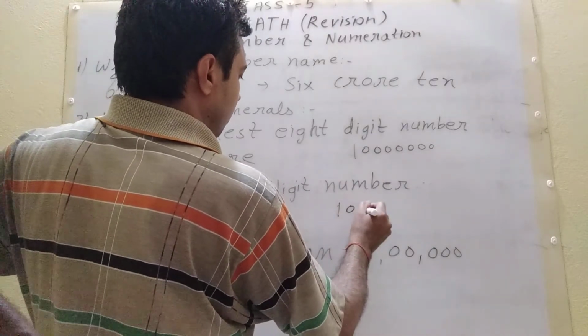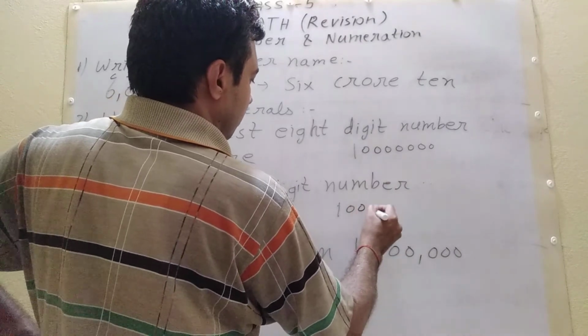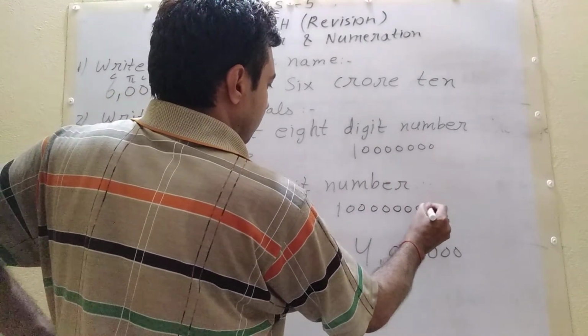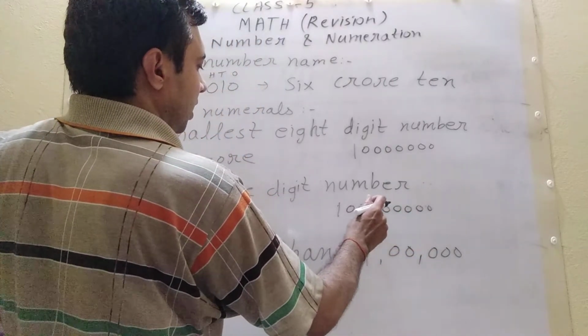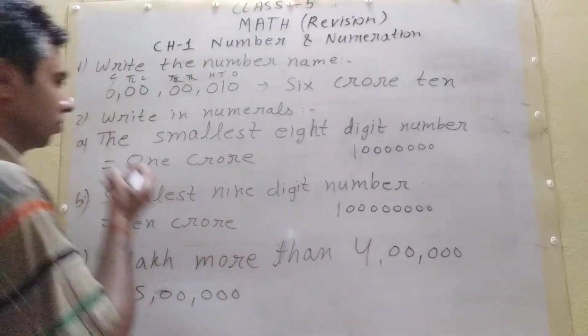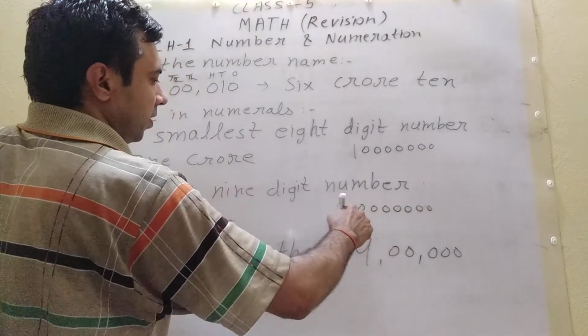The smallest 9-digit number. Now 10 crore. Ones, tens, 100, 1,000, 10,000, lakh, 10 lakh, crore, 10 crore. So count 1, 2, 3, 4, 5, 6, 7, 8, 9.